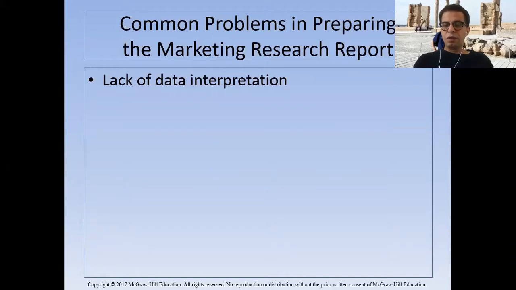Now, there are mistakes that you need to avoid. These are major, common problems that marketing research reports have, and they could cause less credibility and less believability. Maybe your report will make people feel it's a waste of time, money and resources.